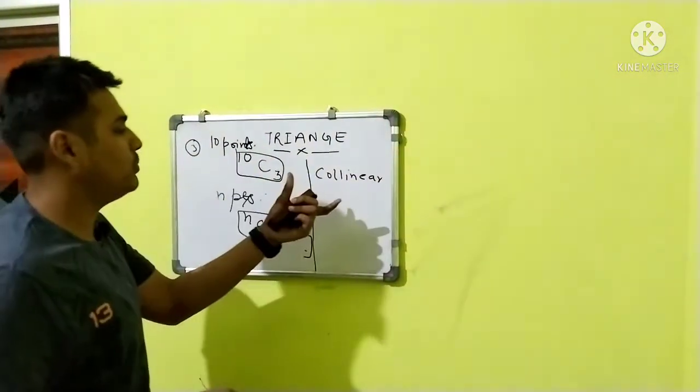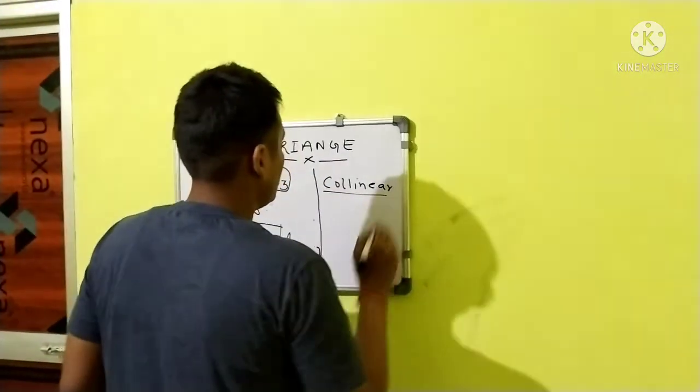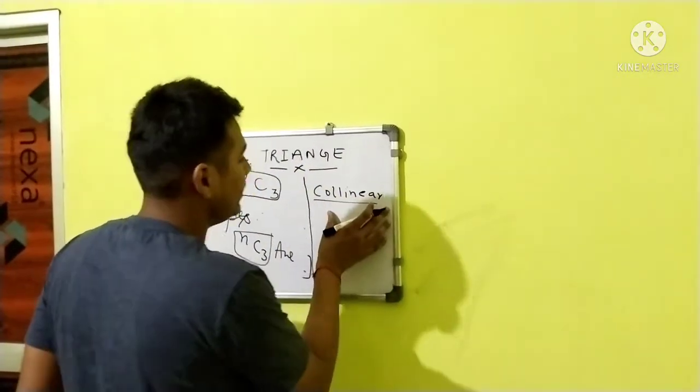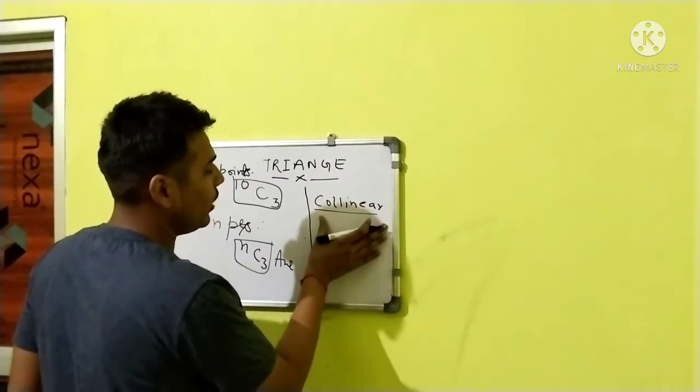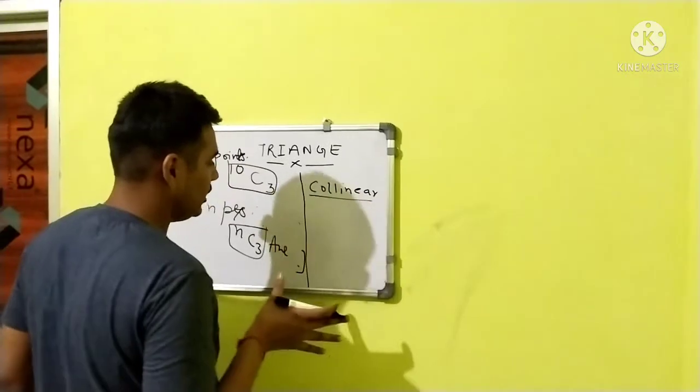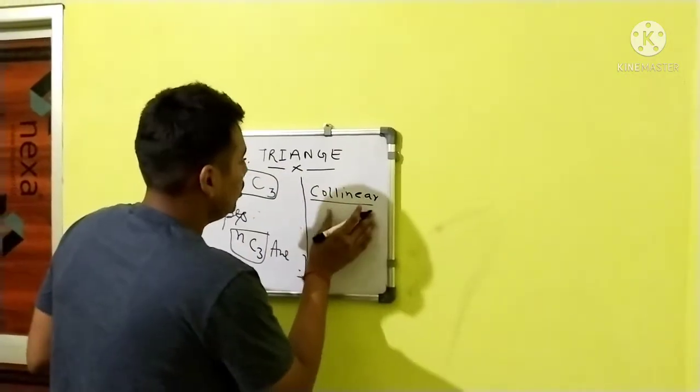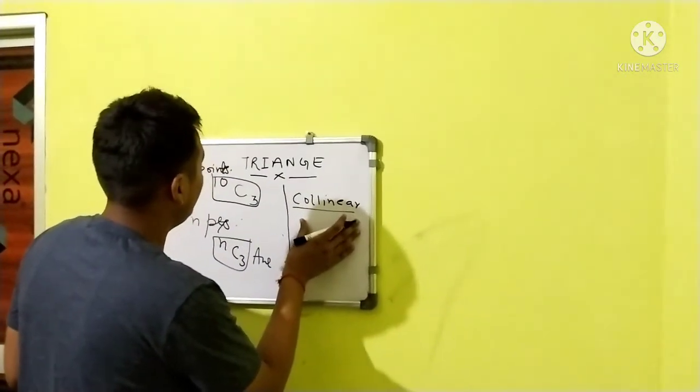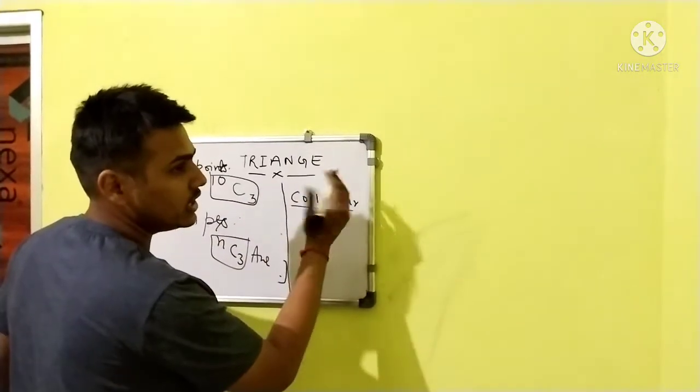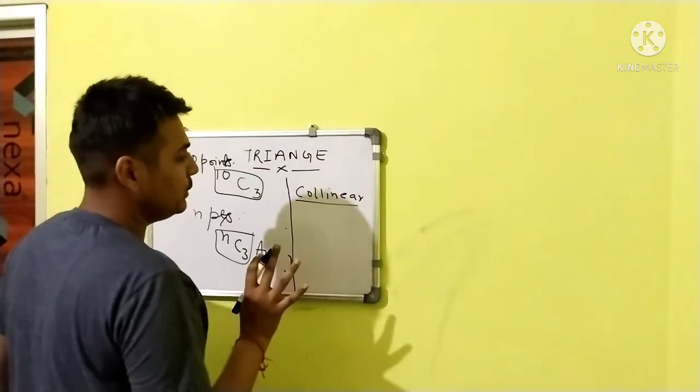Now move on to the next part, that is collinear. We all know what collinear is: collinear points are points which lie on the same line. For making a triangle, whether collinear or non-collinear, we need at least 3 points.